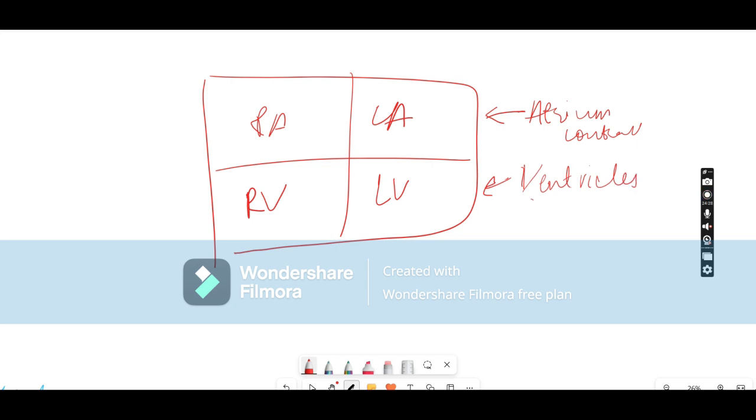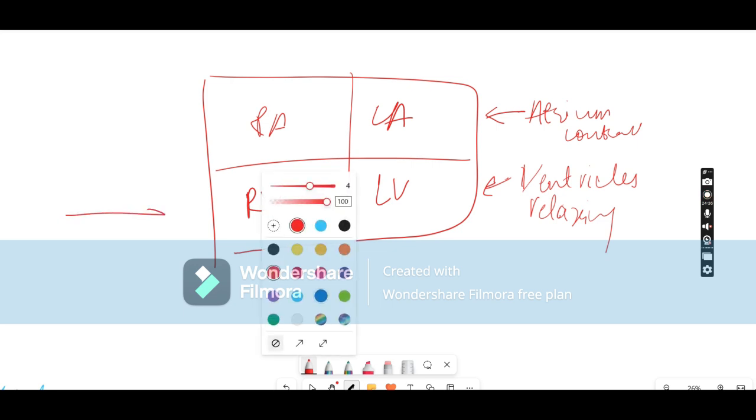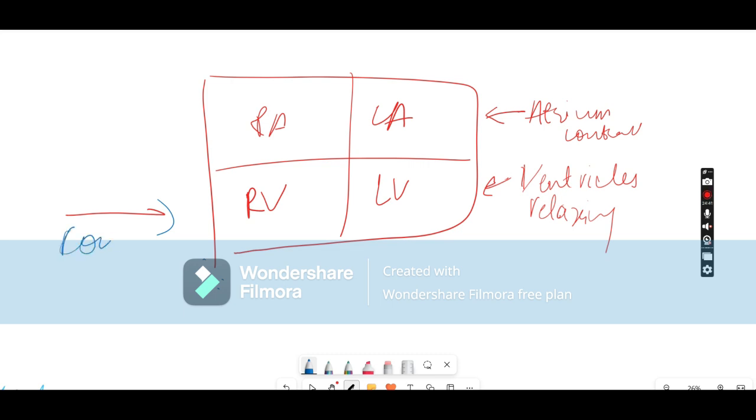Meanwhile the ventricles are relaxing. After this the ventricles contract, and then the atrium relax.